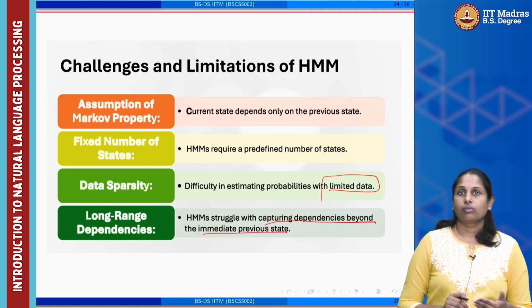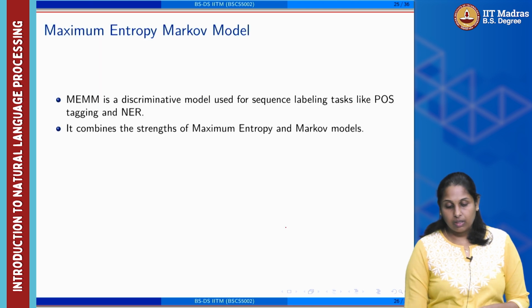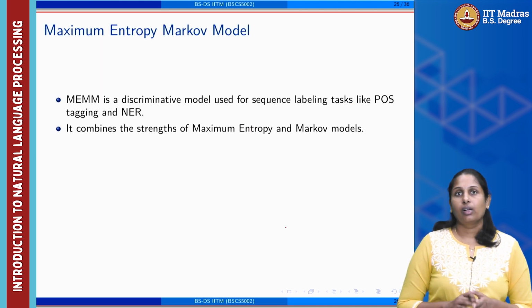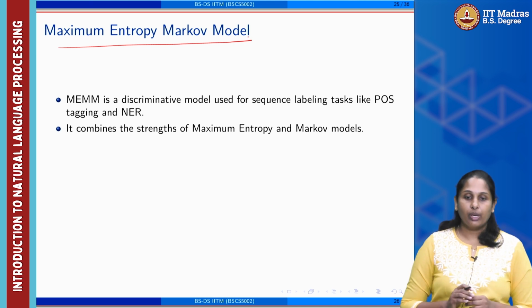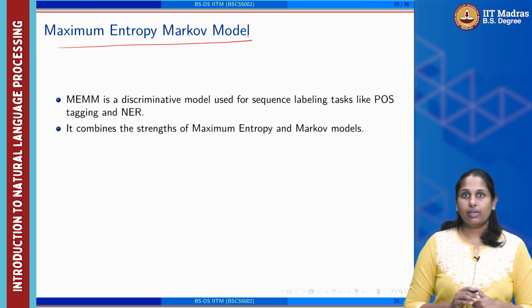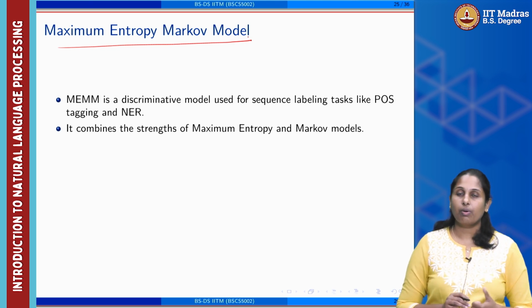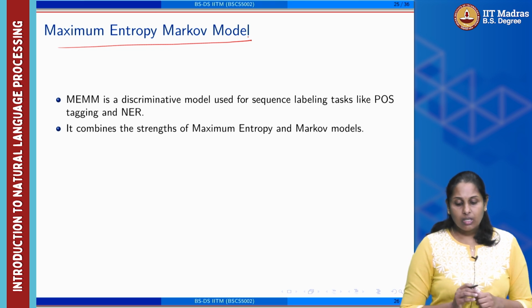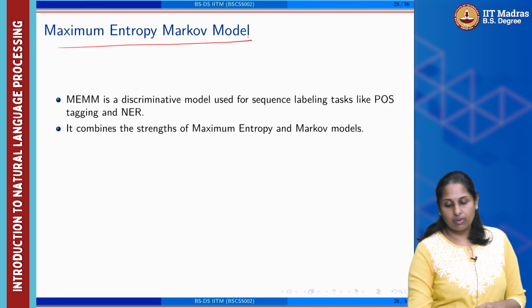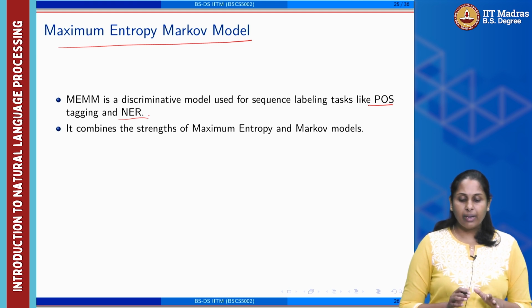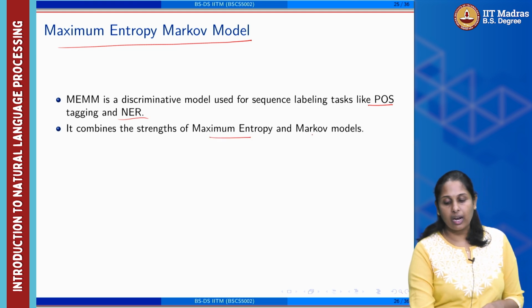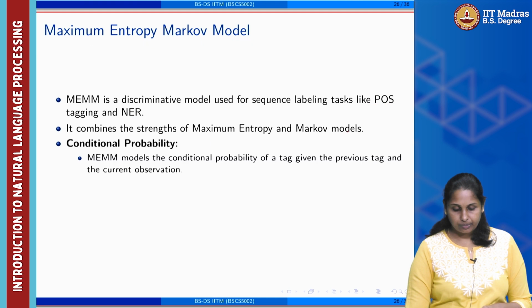Now to overcome these limitations of HMM, we are going to the second model, called the maximum entropy Markov model. This MEMM is a discriminative model, whereas HMM is a generative model. This discriminative model is used for sequence labeling, like POS tagging and NER, and it combines the strengths of maximum entropy and Markov models.